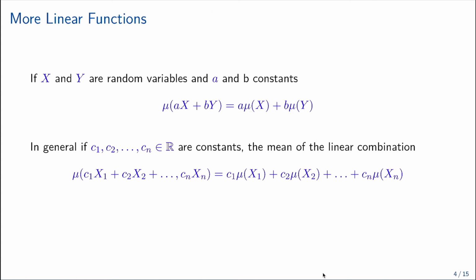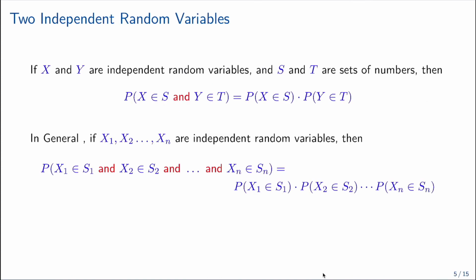And in general, if c1 to cn are constants, the mean of the linear combination, that is c1x1 plus c2x2 plus cnxn, is equal to c1 multiplied by the mean of x1, c2 multiplied by the mean of x2, and so forth. That's a linear property.